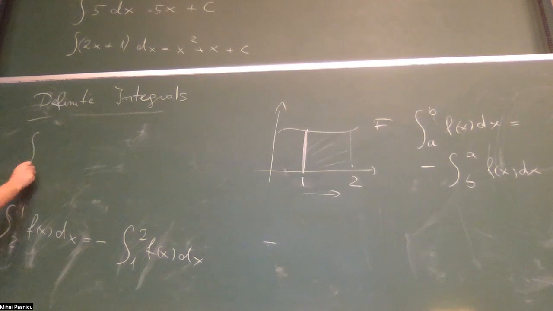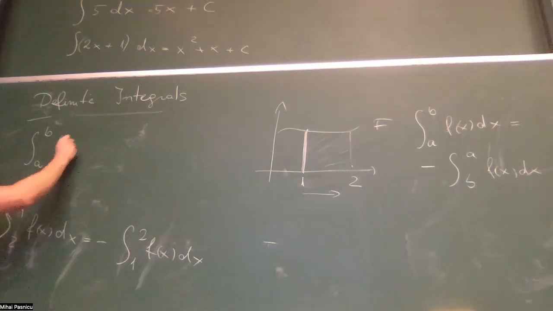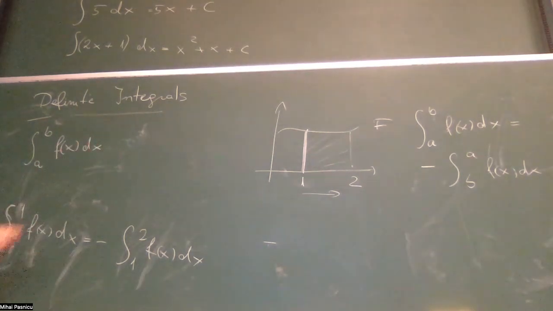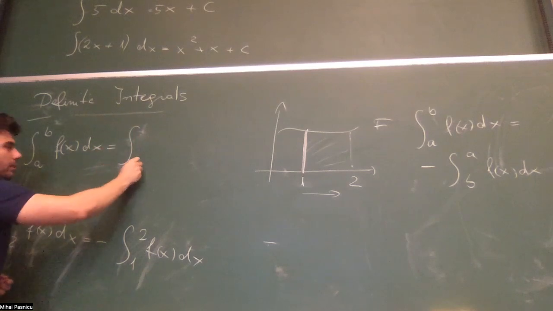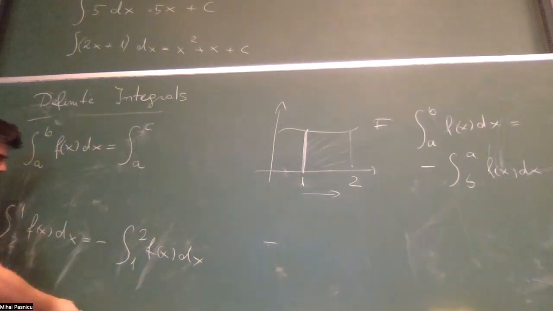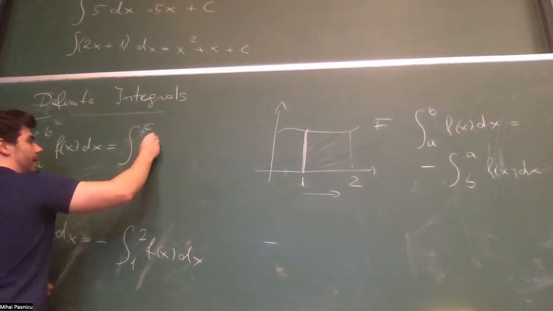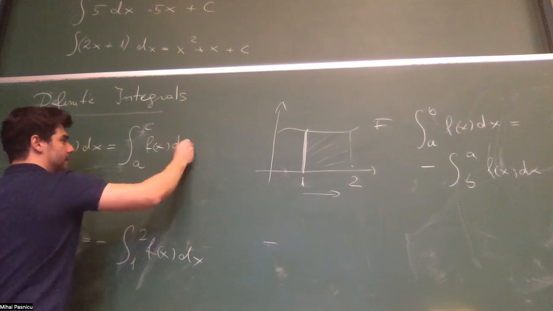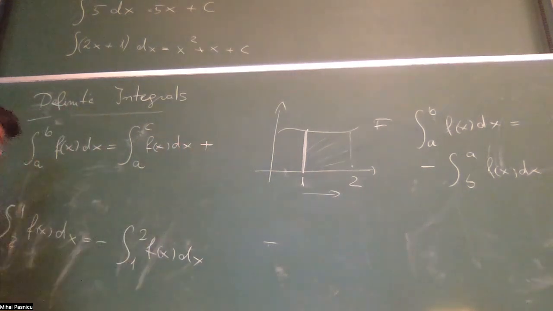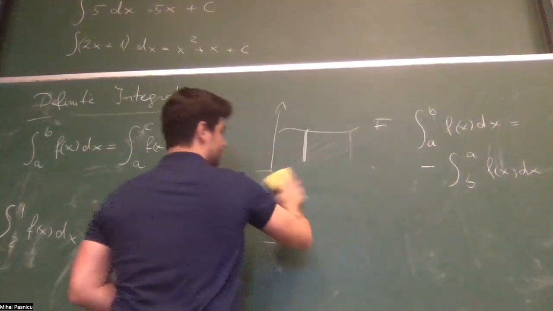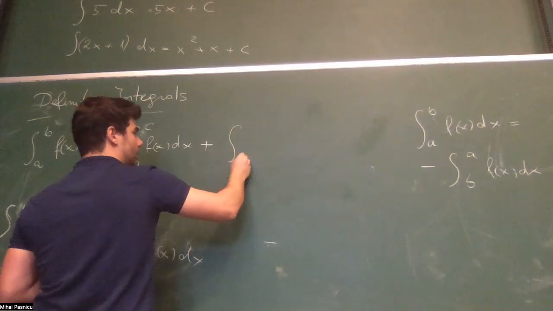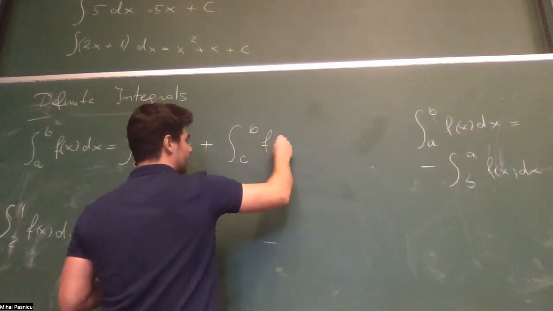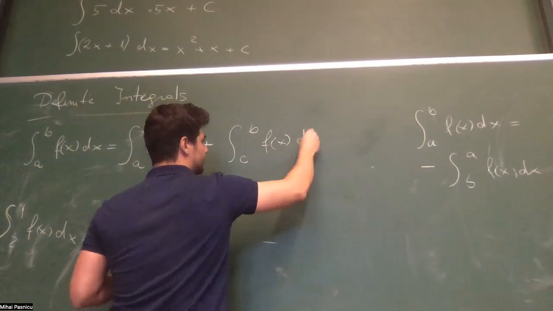I have the integral from a to b of f of x dx. I can split it as the integral from a to c of f of x dx plus the integral from c to b of f of x dx.